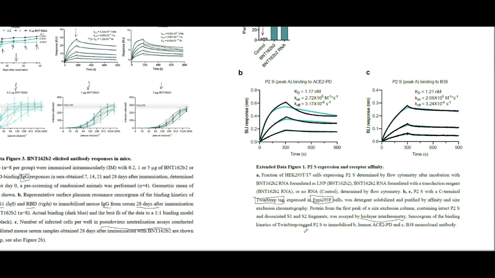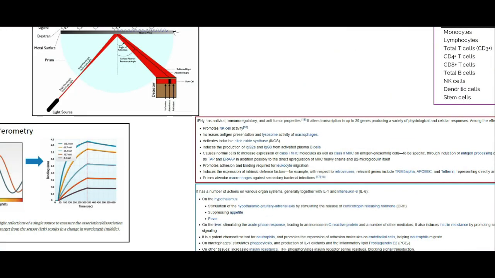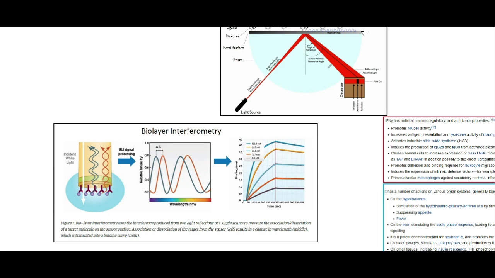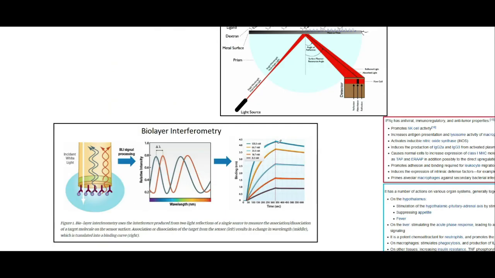The binding kinetics was measured with ACE2 and the B38 monoclonal antibody immobilized. This is similar to surface plasmon resonance, except instead of looking at the angle that changes when proteins bind to other proteins affixed to the surface, you're actually measuring the phase change as proteins bind to your surface.